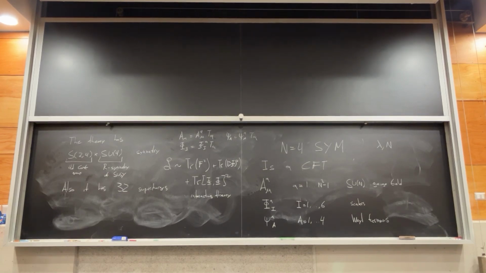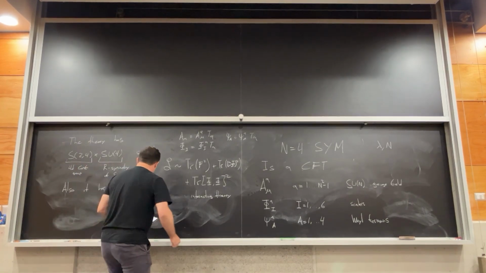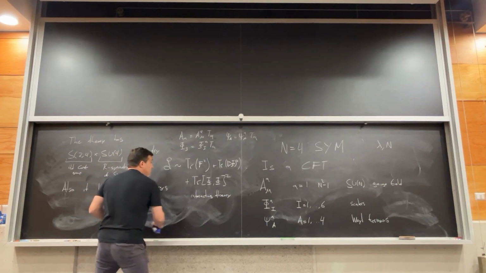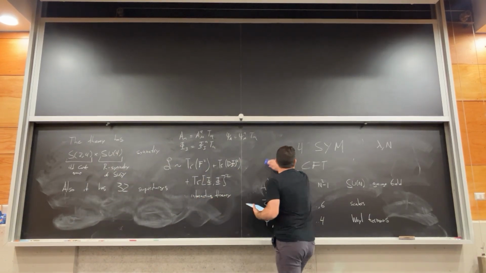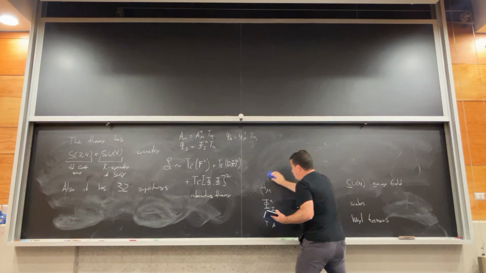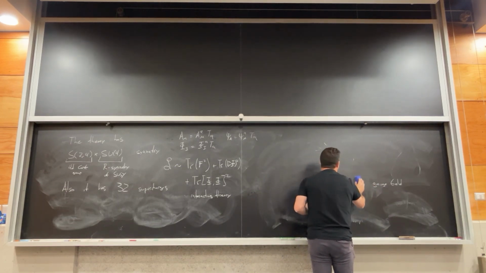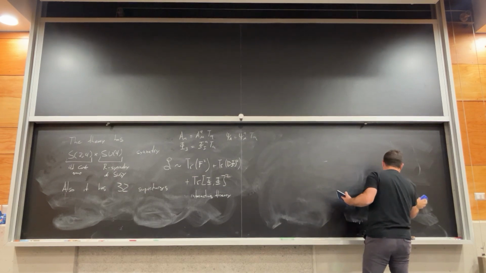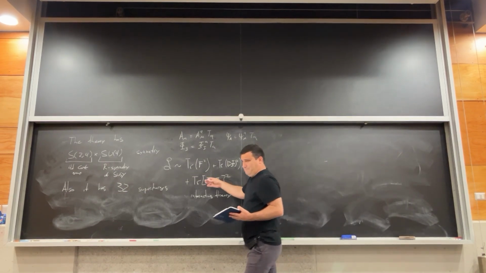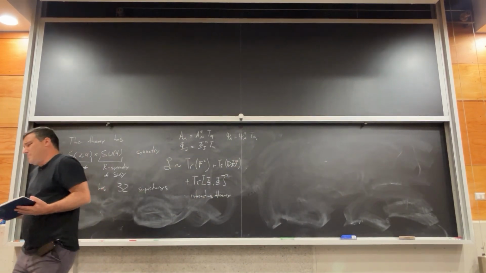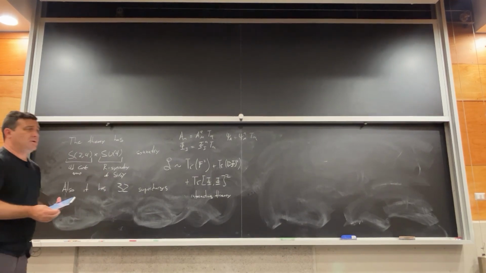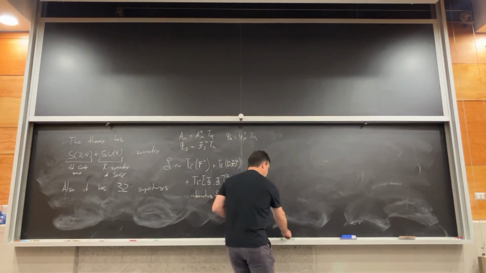So let's study Wilson loops in this theory. Of course, I could define the Wilson loop exactly the same as I did, but because there are more fields now, not just the gauge field, I have a scalar field, I can play a little bit with this.